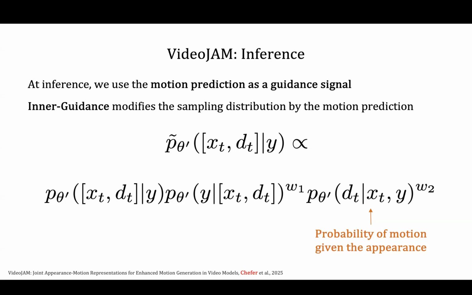So we use the previous motion representation, or the predicted motion representation, to guide the model in the next step based on a noisy signal. It's not obvious that it's going to work, right? It turns out that it does. And this actually allows the model to guide itself during the generation with its own prediction, which is kind of a cool concept. Any questions on this?